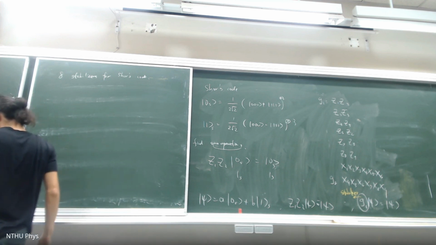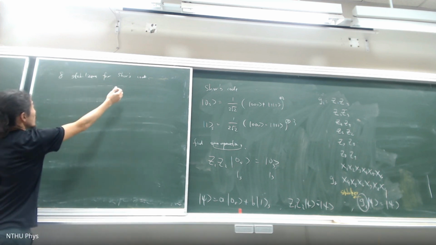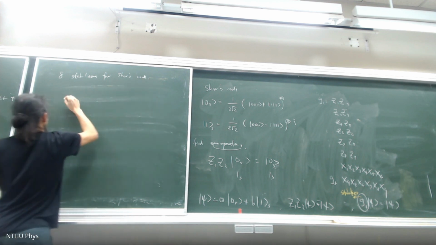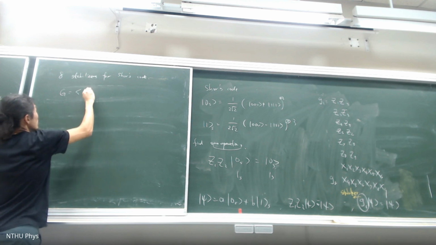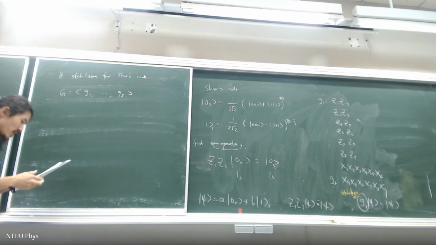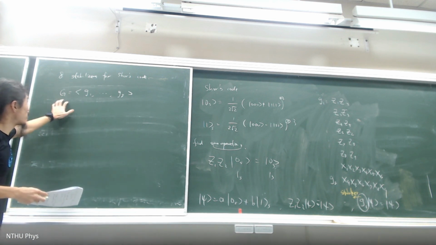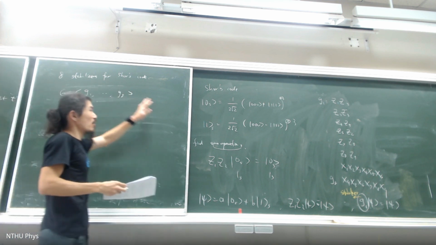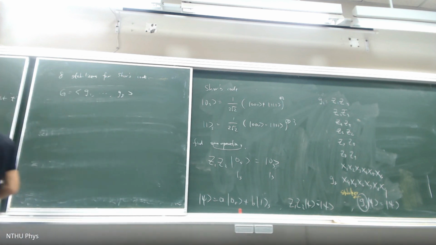Okay, and then we can denote these stabilizers as the generators of some group. So we can denote there's a group with generators G1 up to G8, right? So we can ask what is the order of this group. As you know, you can multiply the generators to get new group elements, and the order is the number of group elements, right?